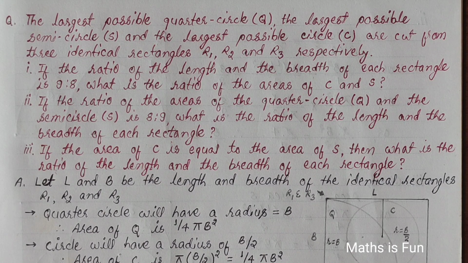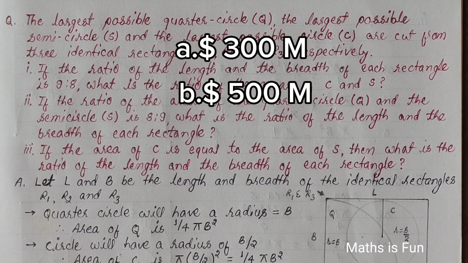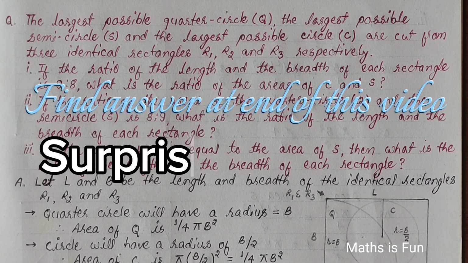Most probably on the 23rd or 24th of August 2023, this mission will land a rover on the south pole of the moon. Your question is, what is the cost of this mission? Is it A, $300 million, B, $500 million, C, $75 million, or D, $1 billion? The answer coming up at the end of the video.